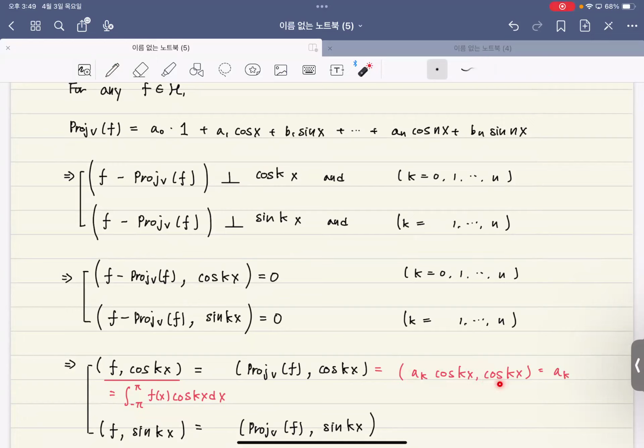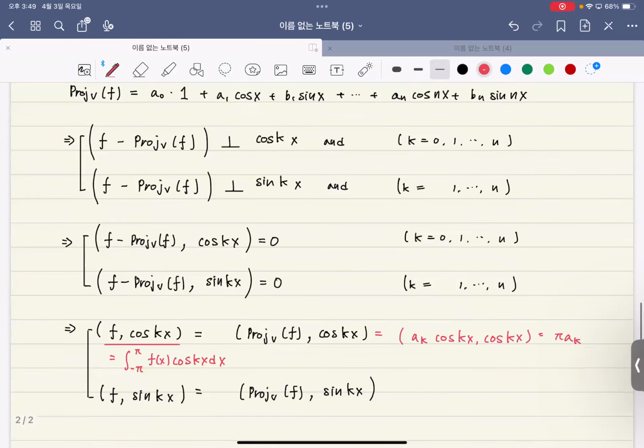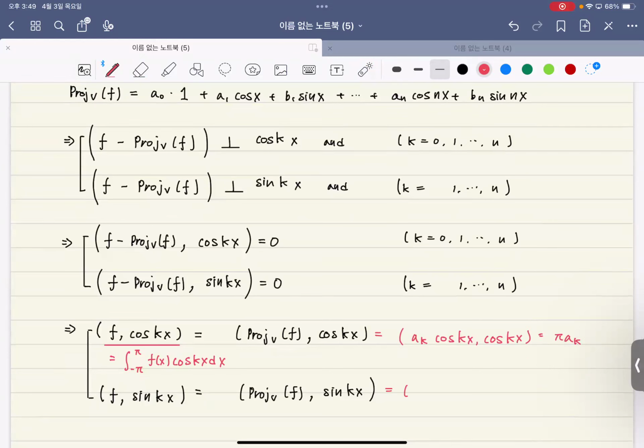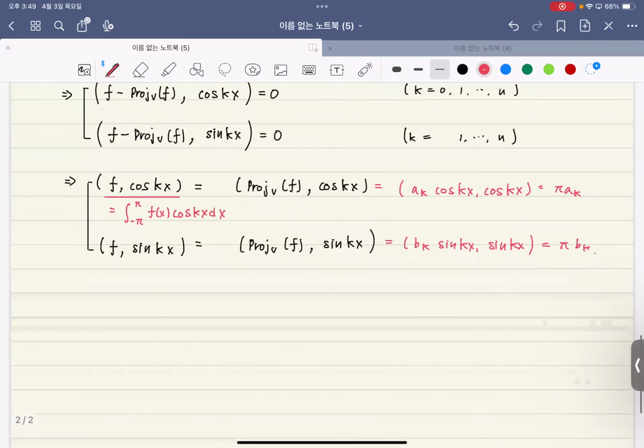The integration of cosine squared from minus pi to plus pi is pi, so this is just pi times ak. Likewise, this is pi times bk, and this is the integral from minus pi to plus pi of f(x) sine kx dx.